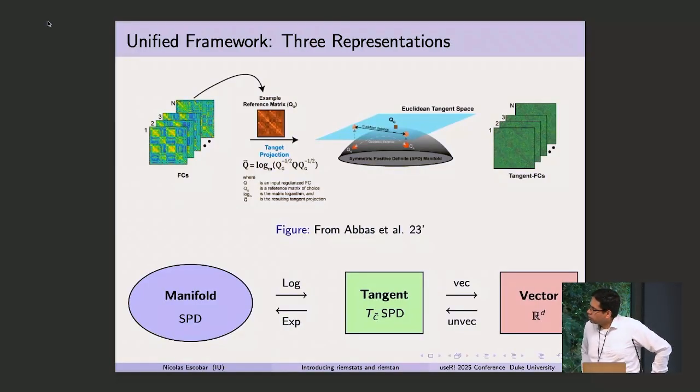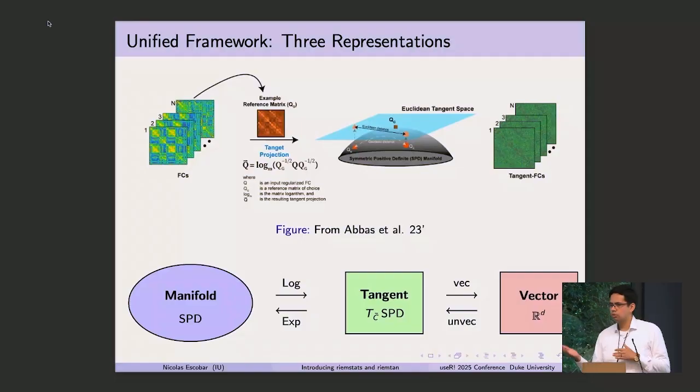One way to do that is through ideas from an area of math called Riemannian geometry, right? What it boils down to for us is you have your set, which we also call a manifold, of the SPD matrices. Then at each point in the set, you have a plane that just touches the manifold. It's called the tangent space.